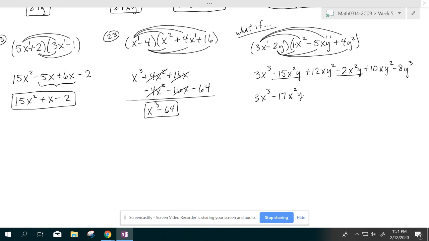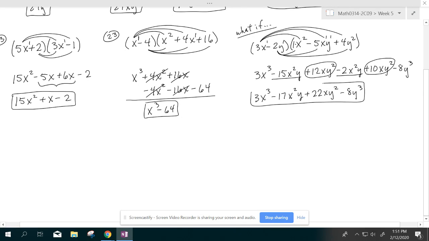Only their coefficients add. Now, do I have any xy squareds? There's an xy squared. Oh, there's an xy squared. How many? 22 xy squareds. And then last but not least, and so there we end up with 4 terms.